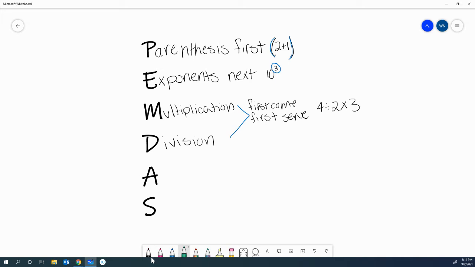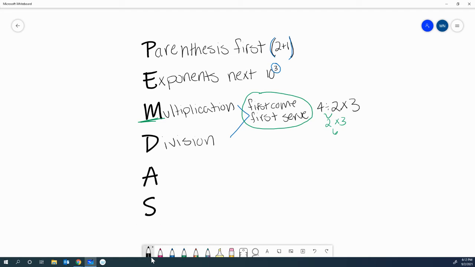Even though the M comes first in PEMDAS, they're in the same step. You're going to do them first come, first serve, from left to right. So you read this as 4 divided by 2 times 3. Since multiplication and division are in the same step, you would do your division first. 4 divided by 2 is 2. 2 times 3 is 6. So even though multiplication says it comes first, you do them first come, first serve.